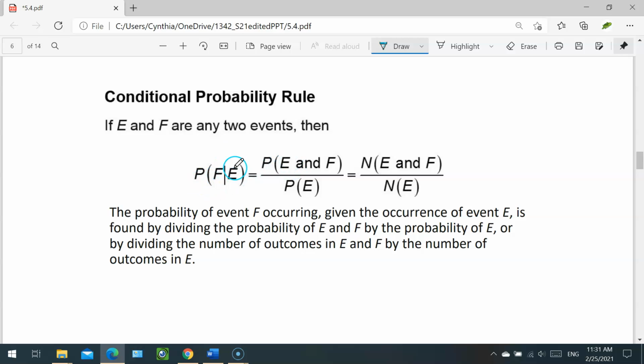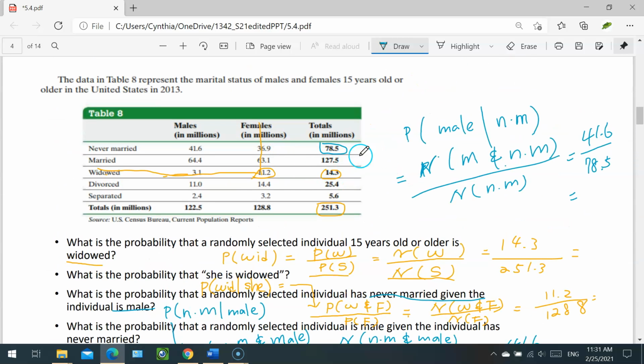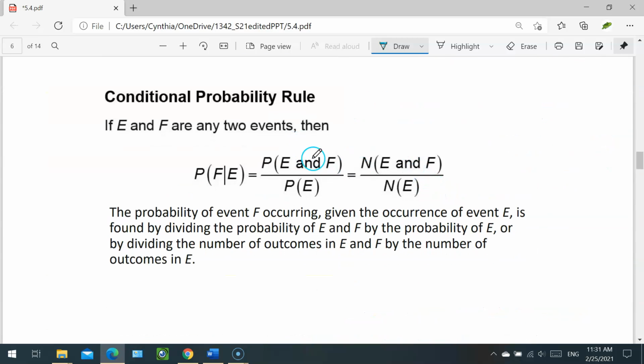Convert this into the probability of event F and event E divided by the probability of event E. Or you can go with the numbers, the frequency, the same as in this example, where we use the numbers to divide each other. These two are equivalent formulas.